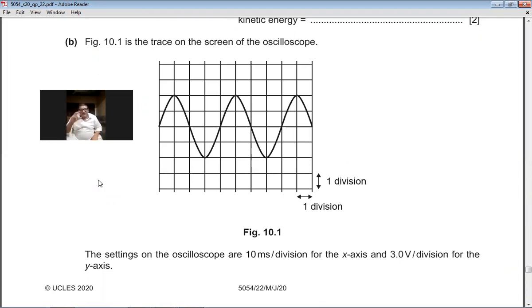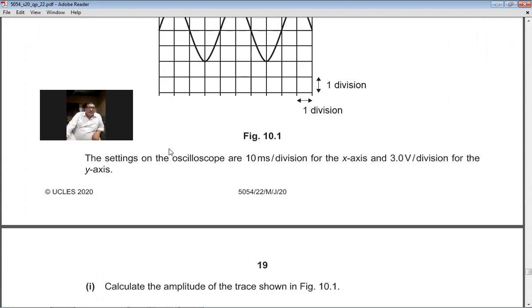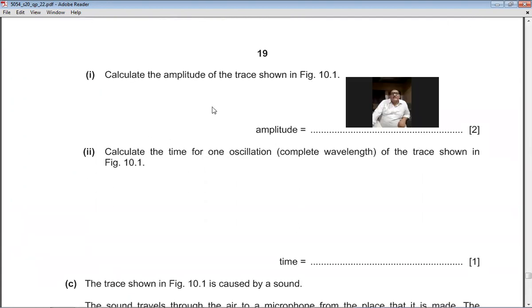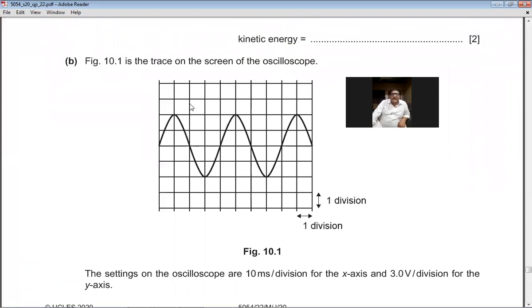So on the y-axis, one square means 3 volt, and on the x-axis, one square means 10 milliseconds. Have a look at this diagram carefully. The first question is to calculate the amplitude of the trace shown in figure 10.1.